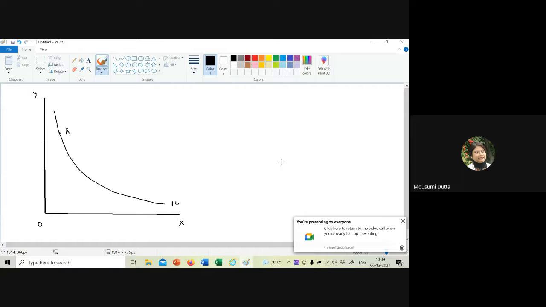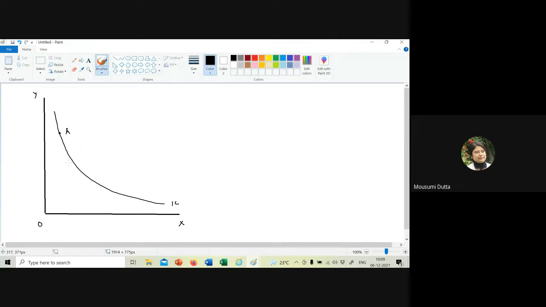So I'm considering a two commodity world, X and Y, and I'm considering a usual indifference curve, that is a continuous locus which is coming from northwest towards the southeast. So this is the indifference curve I'm considering. And last day we found that along the curve, as we move from A to B, we can do it only by sacrificing some amount of Y. Consumption of Y is falling.